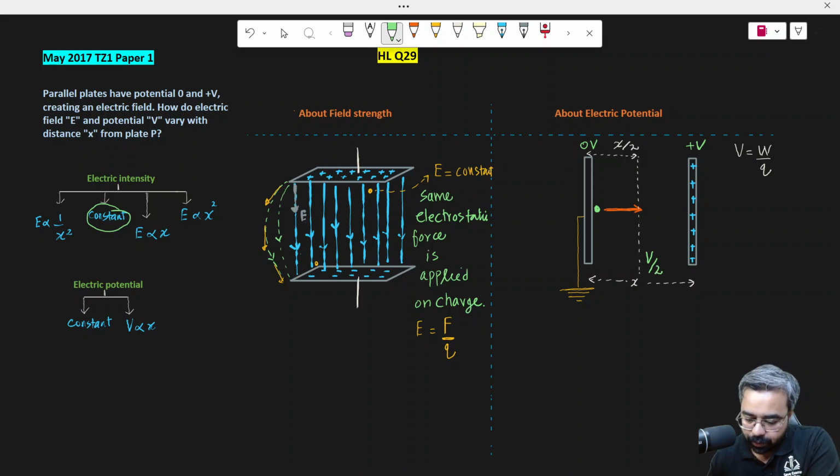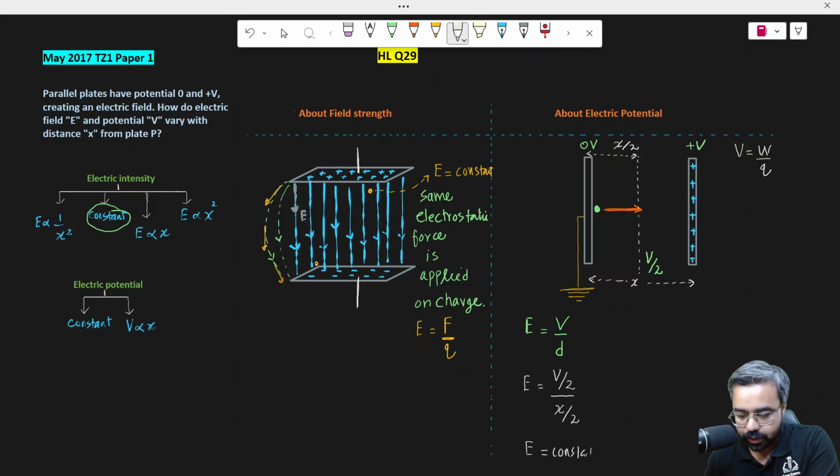So if I try to find E, which equals V over d, generally speaking, according to your IB data booklet, and apply this equation in the middle, since the potential is half and the distance is half as well, the electric field strength is still the same.